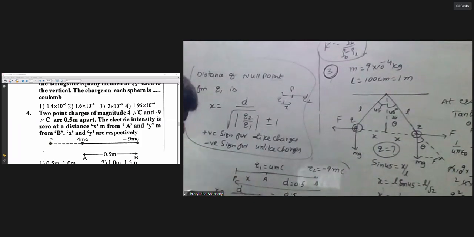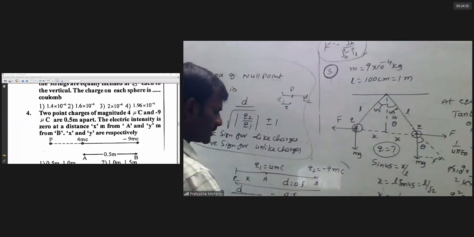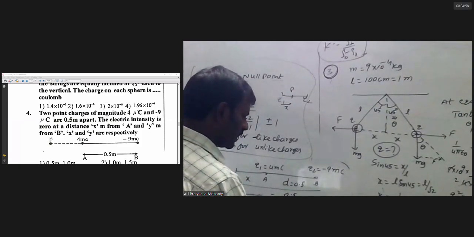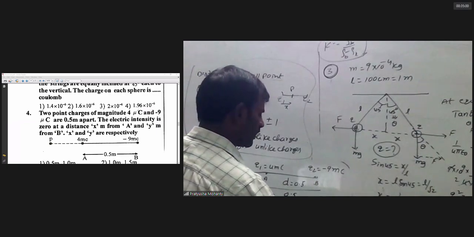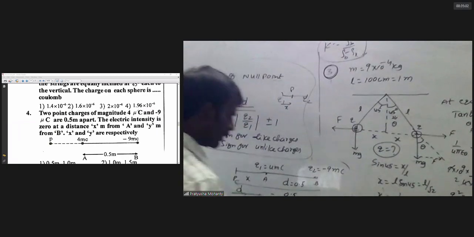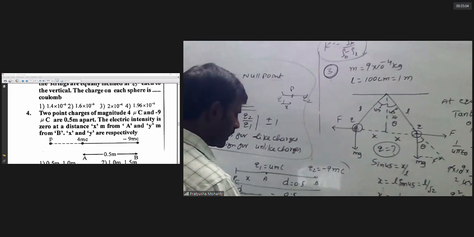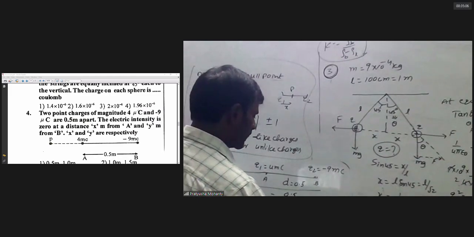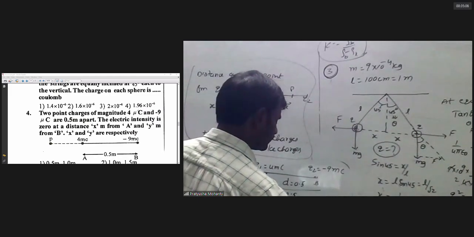Right. Here the modulus is given, so don't put the negative sign; inside the modulus it should be positive. 9 by 4 minus 1. 0.5 by 3 by 2 minus 1. 0.5 into 2, 1 meter. Very good. Now the distance from the other charge equals AB plus x, 0.5 plus 1, 1.5.